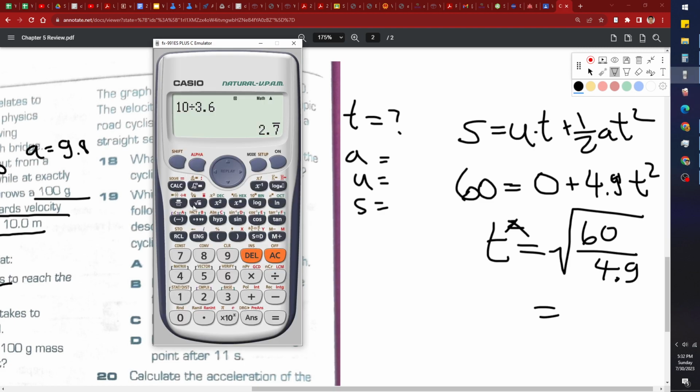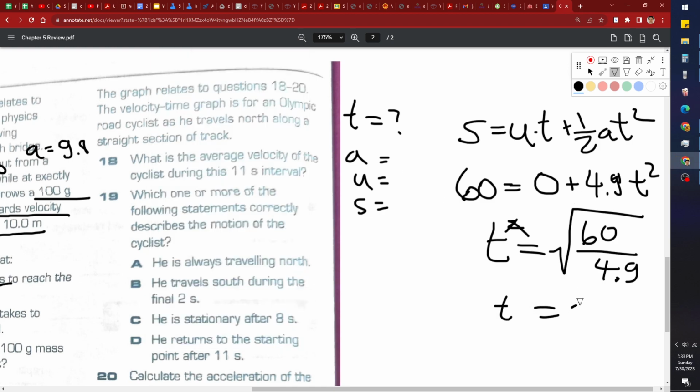Okay, so the square root of 60 divided by half of the acceleration. All right, so we push S to D to make it a decimal, so 4.499. That 9 makes this 10, that 10 makes this 5. So t equals 3.50 seconds. Okay.